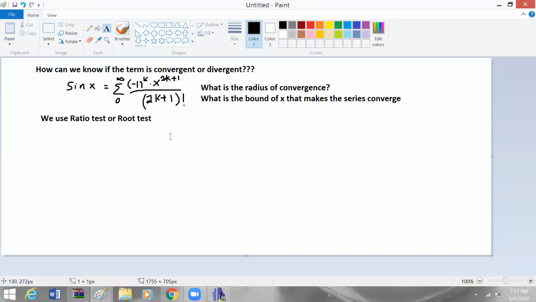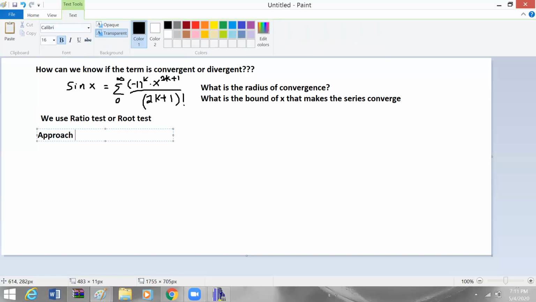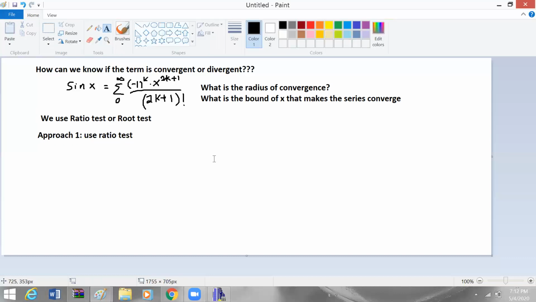So approach one, use the ratio test. Sometimes we can use the root test interchangeably, but either way is going to be fine. The ratio test is going to tell us that we need to solve for R. That would be the limit as k goes to infinity of the term a to the k plus 1.